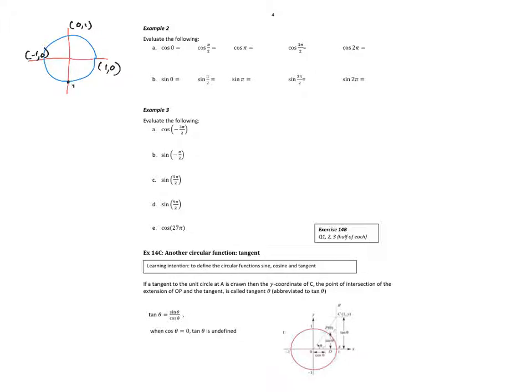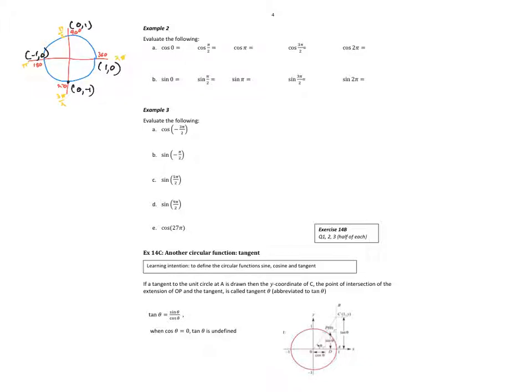This coordinate here is (0, -1). Don't forget what the angles are. This angle here is 90 degrees, 180, 270, 360, which in radians is the same as pi on 2, pi, 3 pi on 2, or 2 pi.